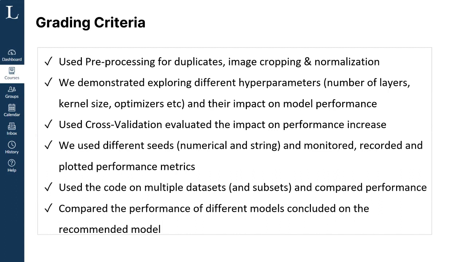We used different seeds, numerical and string, and monitored, recorded, and plotted performance metrics during training. We also used the code on multiple datasets and subsets of them, and compared the performance between them. We have also compared the performance of different models and concluded the recommended model to go with.